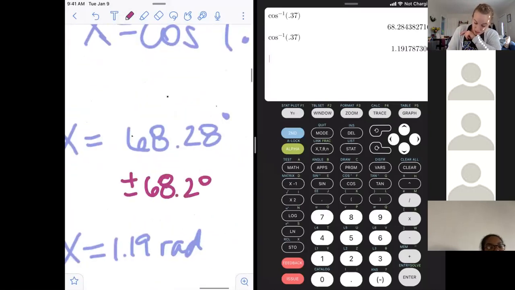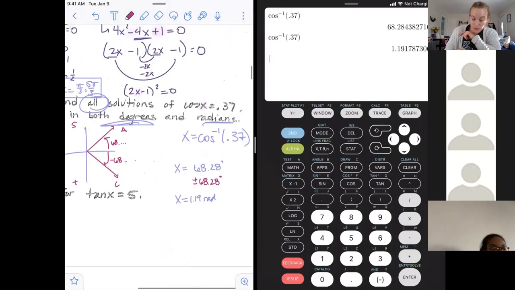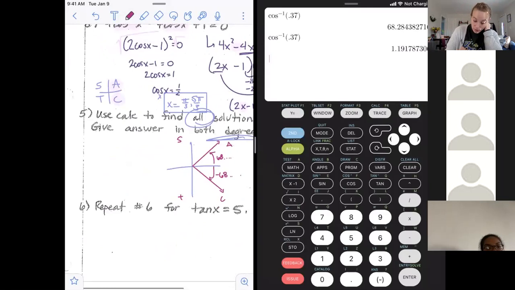Now, in addition to that, we don't just have to go plus 68 or minus 68. We can keep going around and around the circle. We could go around forever in the positive direction, and we could also go around forever in the negative direction.